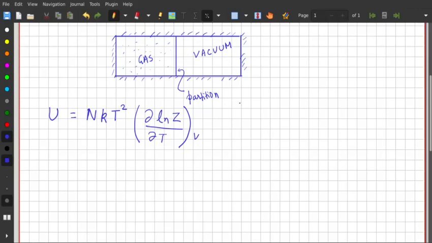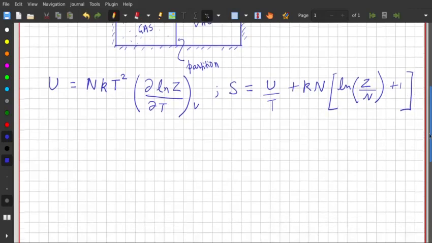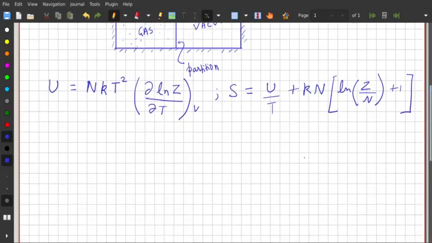So this is the internal energy, and similarly the entropy is given by the relation U over T plus k n times the logarithm of the partition function divided by the number of particles plus 1. Okay, so those are the internal energy and the entropy written in terms of the partition function.